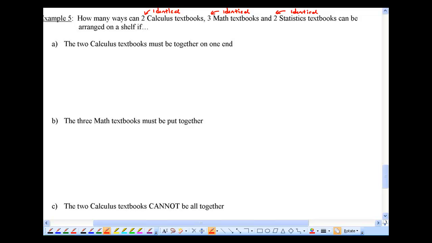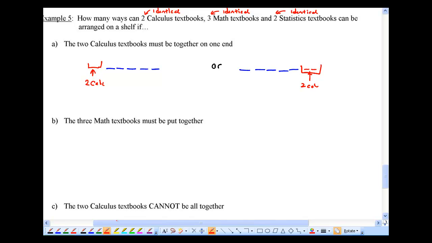Well, how can you arrange these things now? If I change things up, I said, hey, the 2 calculus textbooks must be together on one end. So I guess the calculus textbooks could be like here on one end, at the front, right? So you have your 2 calc books, and then afterwards, I guess there's 1, 2, 3, 4, 5 more choices. Or I guess I could have had the 5 choices first, and then the 2 calculus books at the end, right?